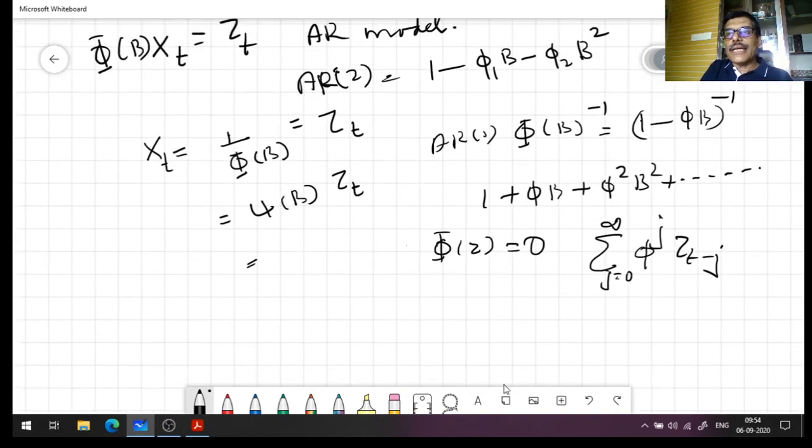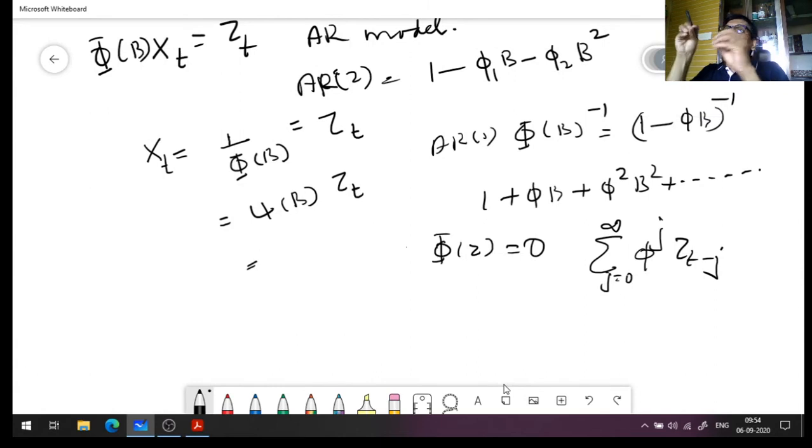So essentially, that means naturally you are going to put a range for the parameter to lie. In the case of AR2, there are two parameters, phi 1 and phi 2. So you cannot take any arbitrary real values, because then that doesn't guarantee the stationarity. In the case of AR1, the range in which it lies is absolute value of phi less than 1.